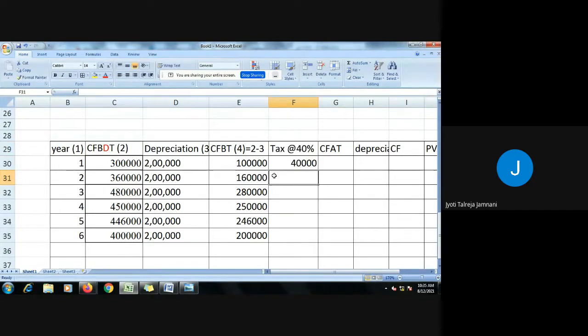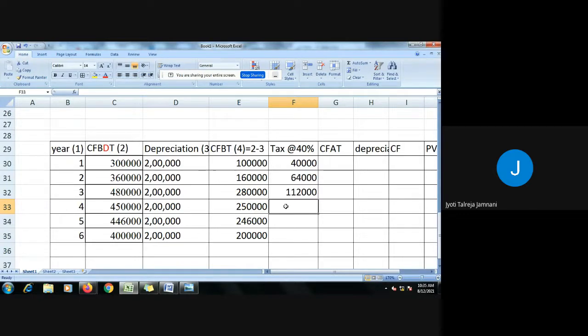Similarly, on 1 lakh 60,000, we'll calculate 40% tax. So on 1 lakh 60, 40% will be 64,000. Then on 2 lakh 80, we'll calculate 40% tax. It is 1 lakh 12,000.